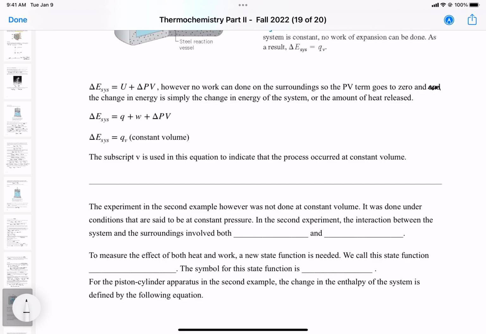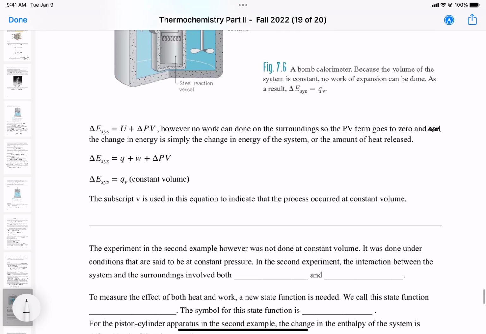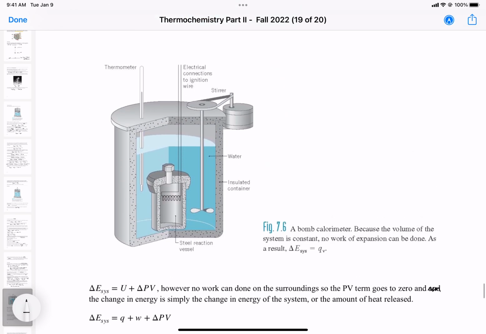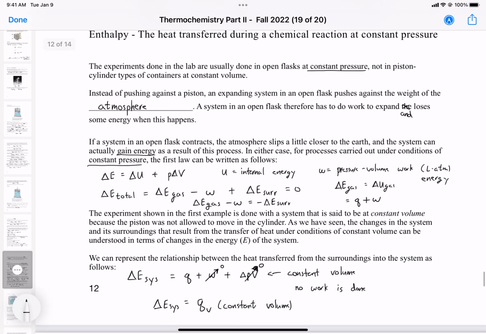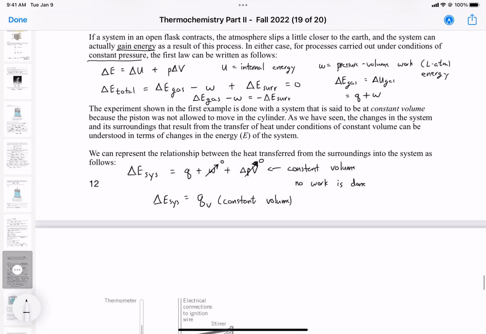Okay. All right. So now let's talk about a second example. What if our system's not at constant pressure or constant volume? So now we're talking about the energy changes for each system.